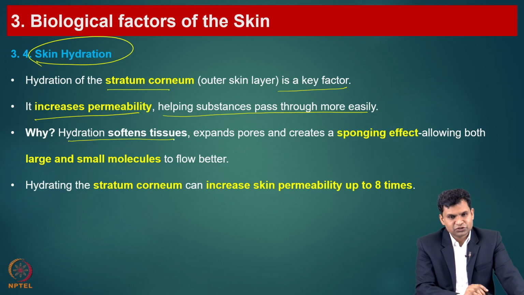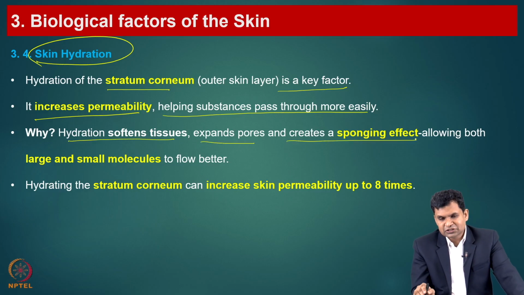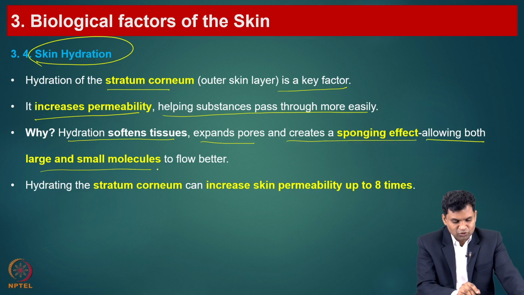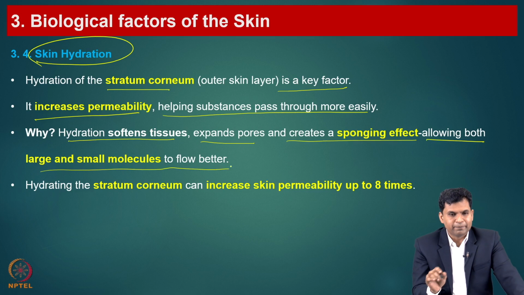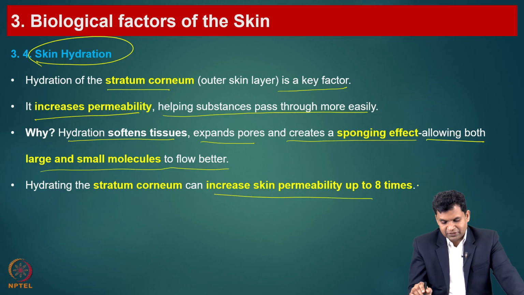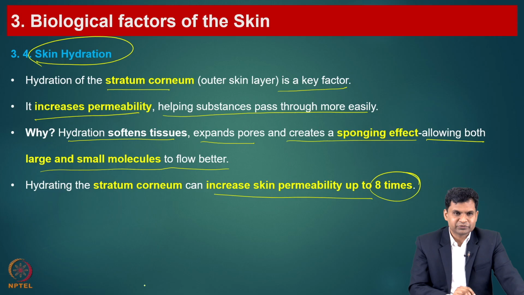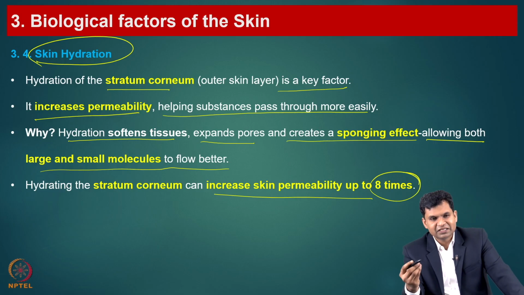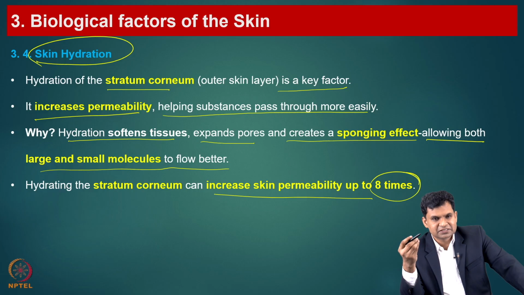Hydration softens the tissues and expands the pores, creating a sponging effect, allowing both large and small molecules to flow better. Hydrating the stratum corneum can increase the skin permeability up to 8 times.